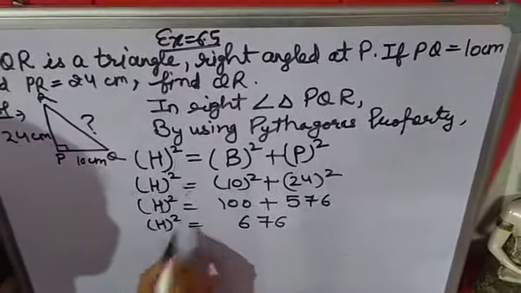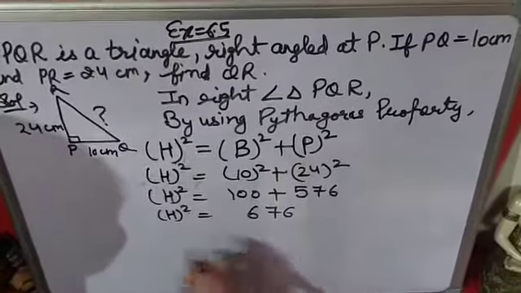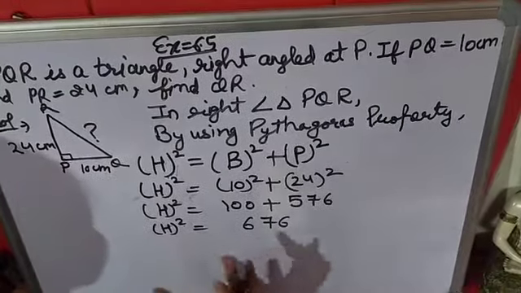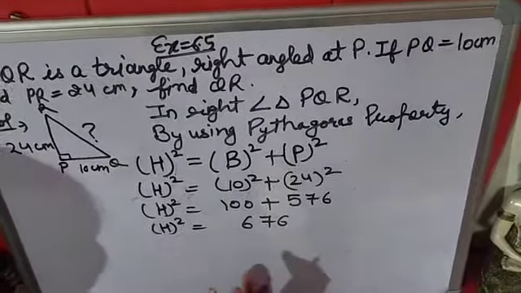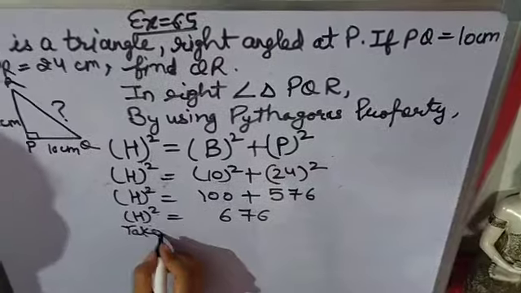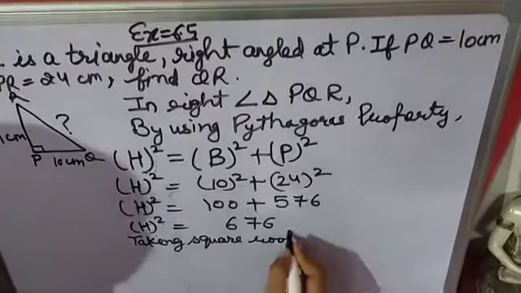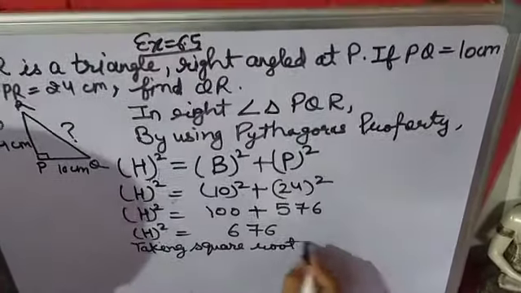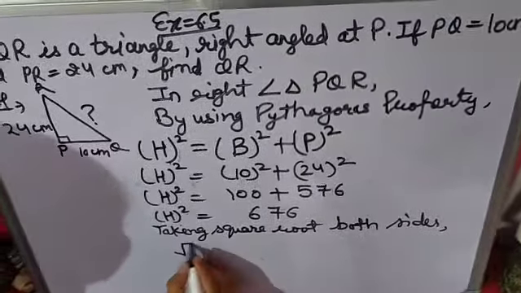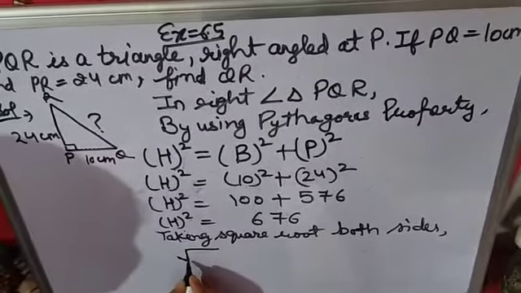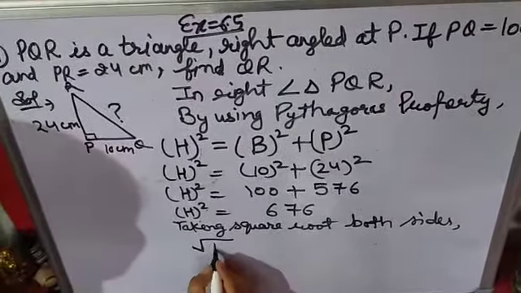Now again there is a square, we have to remove this square. So what we will do, we will take square root on both sides. This is the sign of square root. Here also square root will come.